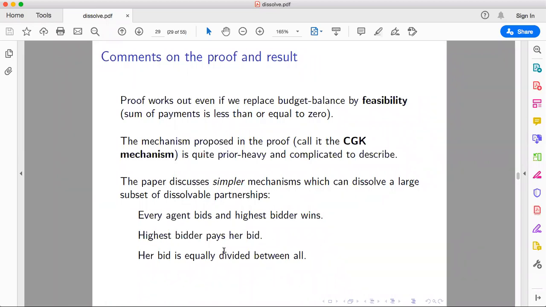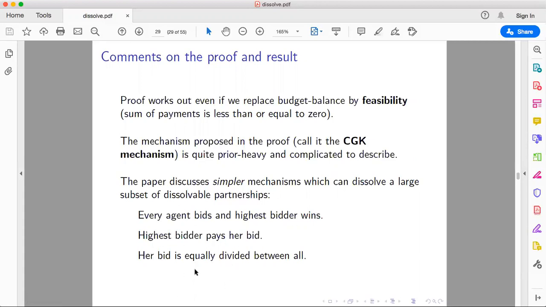A Bayes-Nash equilibrium of this mechanism will have agents bidding lower than their value. So in the Bayes-Nash equilibrium of this game, agents will underbid. But even if they underbid, the equilibrium will be symmetric. So actually the highest valued bidder would also bid the highest. So it will be efficient.